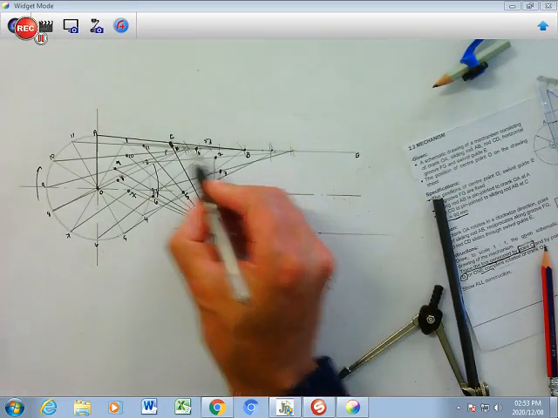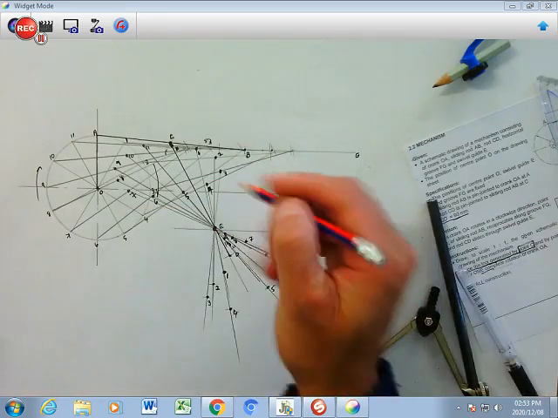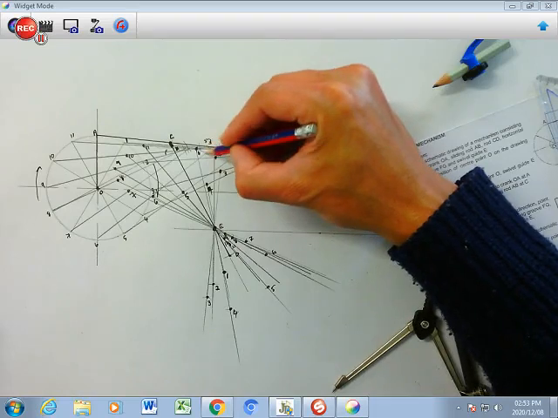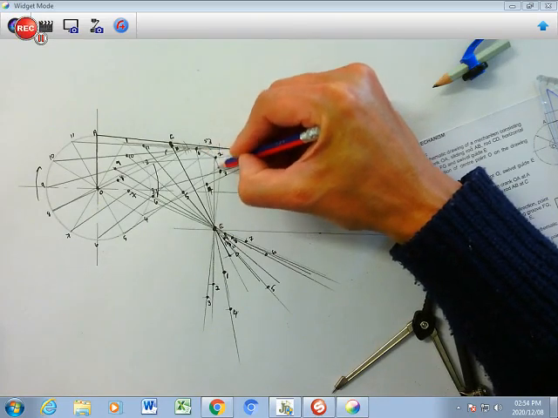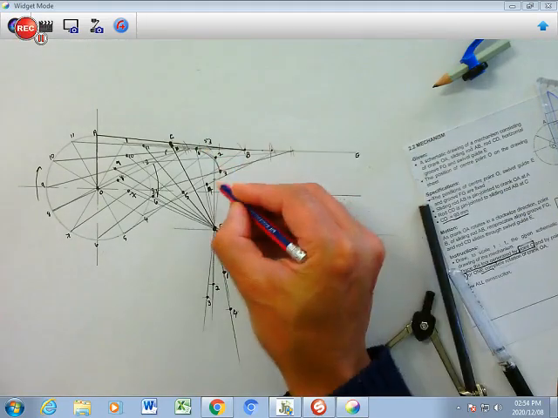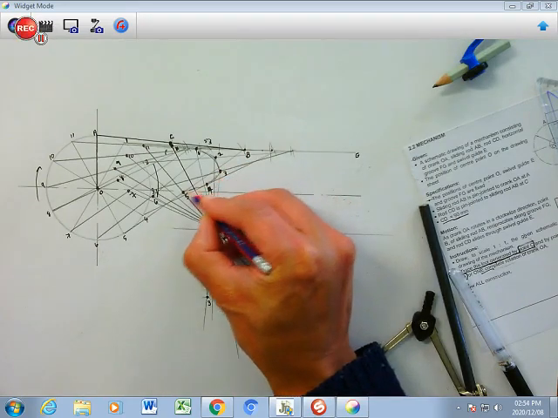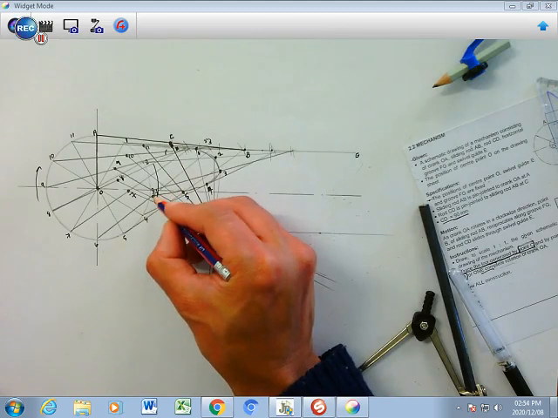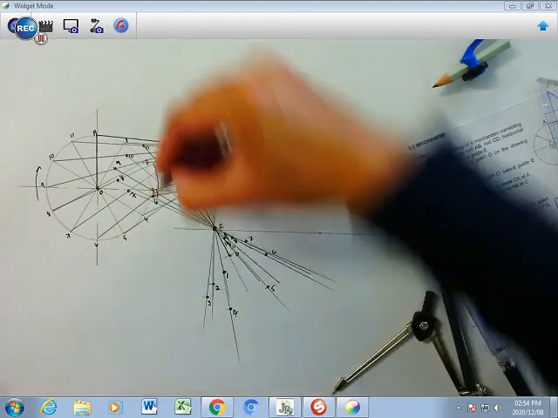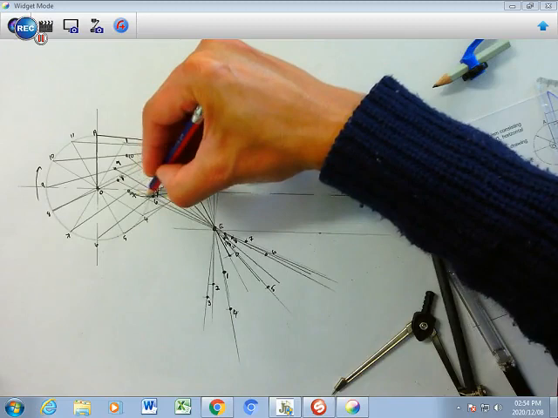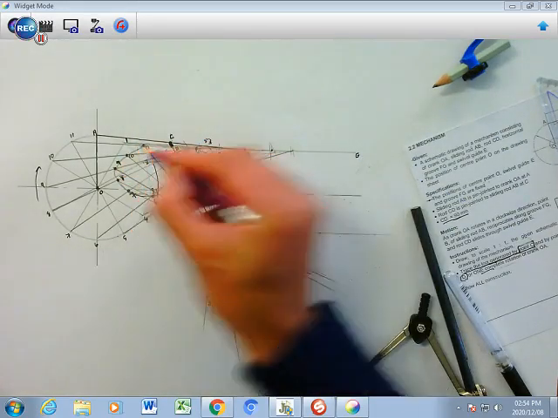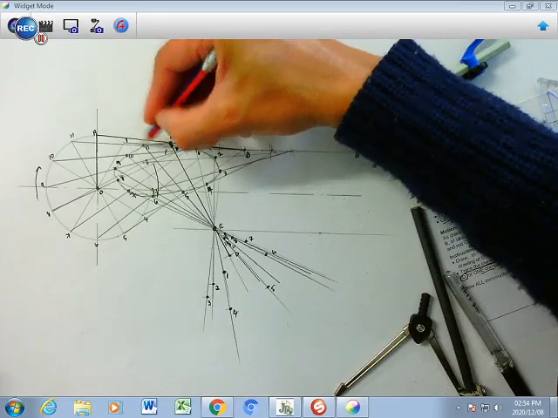Now let me first do this one. So you've got to take your pencil and start with number 1 and connect number 1 to number 2 to number 3, make it nice and curvy, to number 4, number 5, to number 6, and go through the points. 6, then 7, then 8, then 9, then 11, back to that one there.